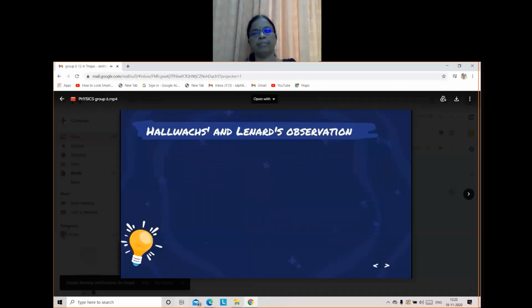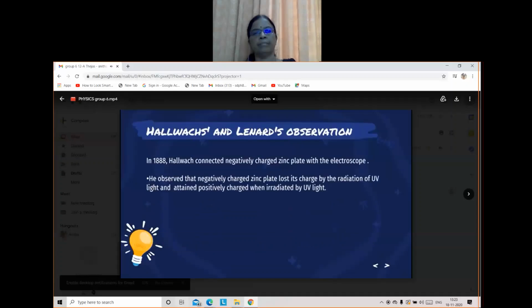Later, Hallwachs continued his studies on this and he connected a negatively charged zinc plate to an electroscope. In that, he observed that the negatively charged zinc plate lost its charge when it was illuminated by the UV light, and also the same uncharged zinc plate became positively charged when it was irradiated by the UV light.